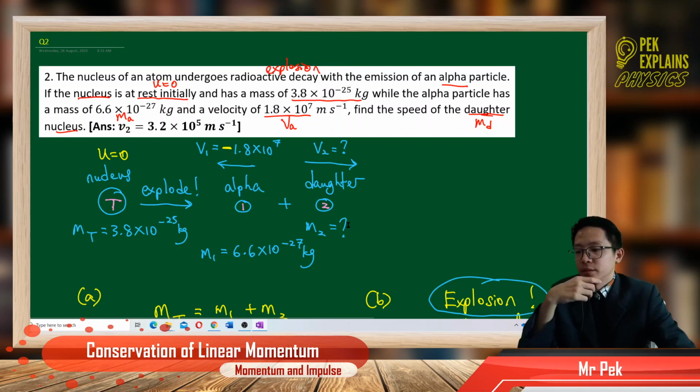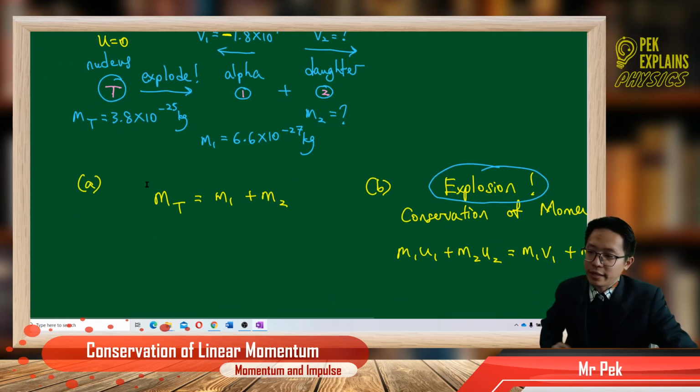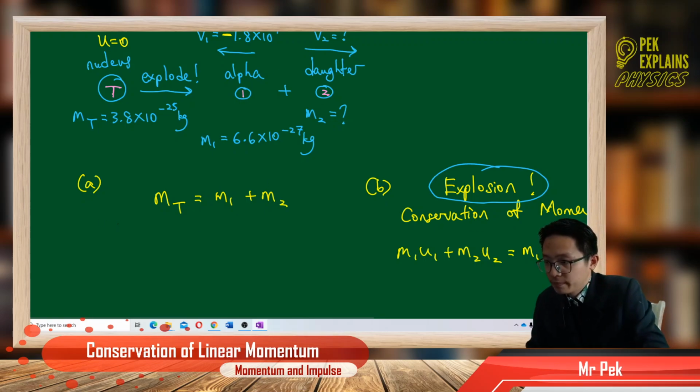Okay, so now let us do the question. First, we find the mass of the daughter. We know that the mass of the nucleus equals the mass of alpha plus the mass of daughter. So we just substitute all the information we have here.